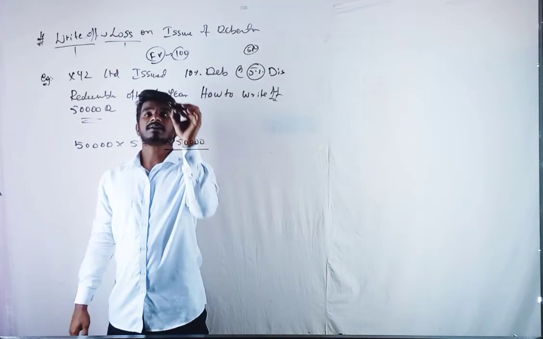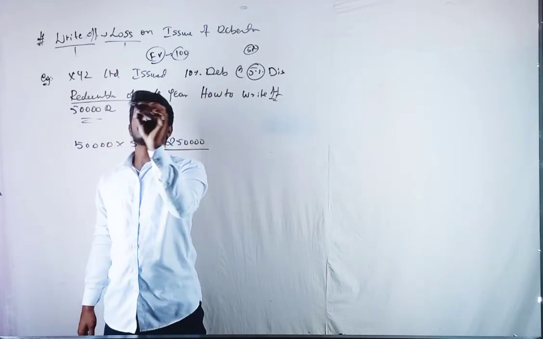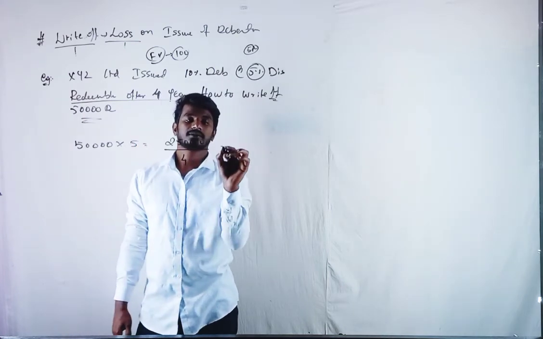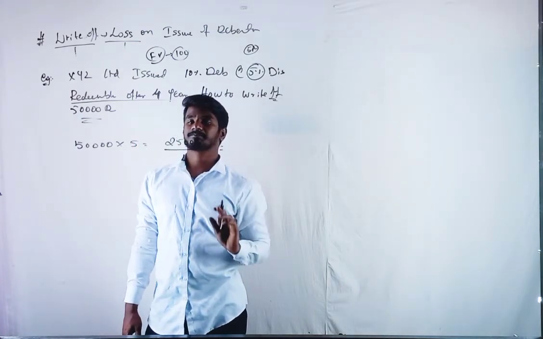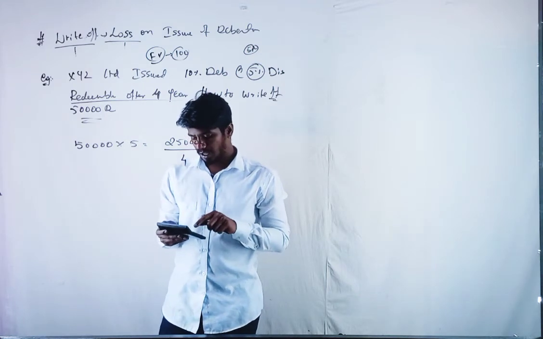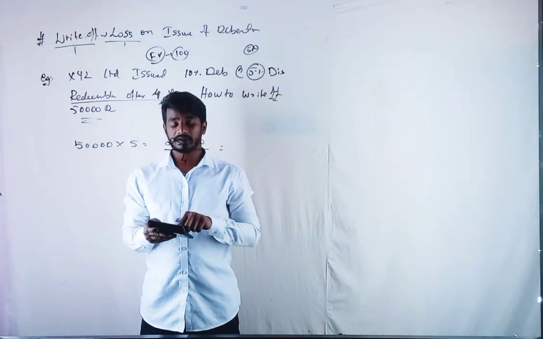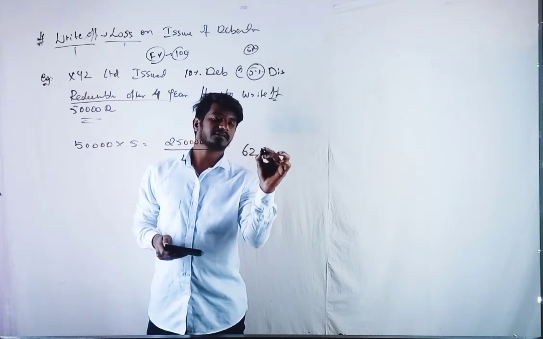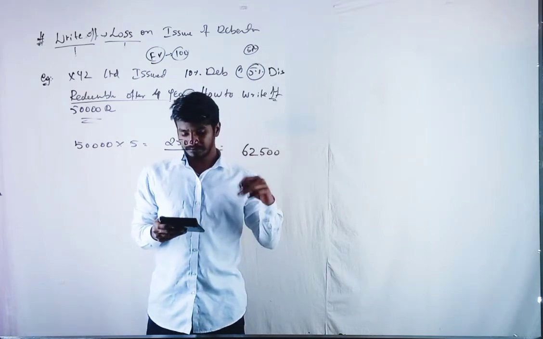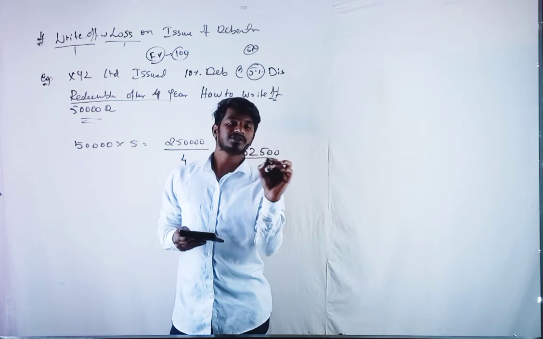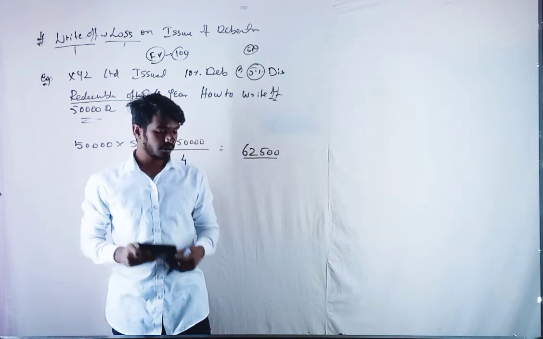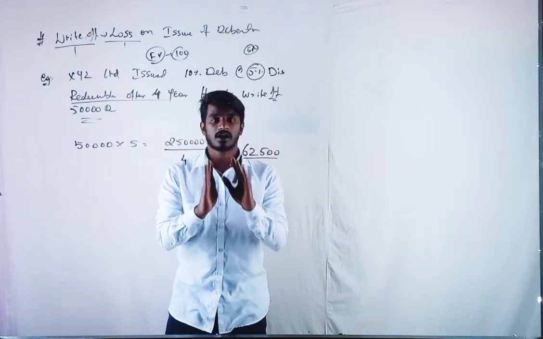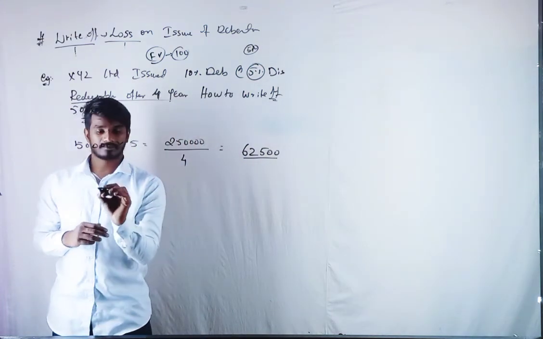And how many years we have for redemption? We have 4 years. Per year, 2 lakh 50,000 divided by 4 years. Per year fixedly every year we should write off 62,500 in the books of accounts. Is that right? Yes. How will we make entry?